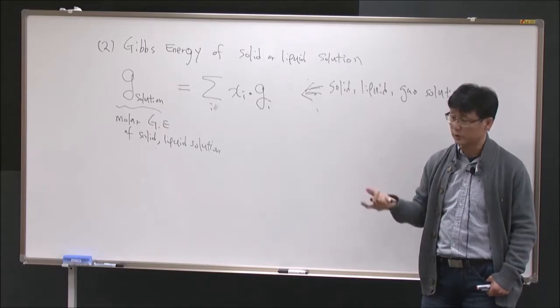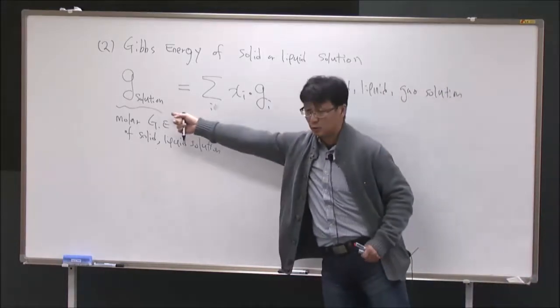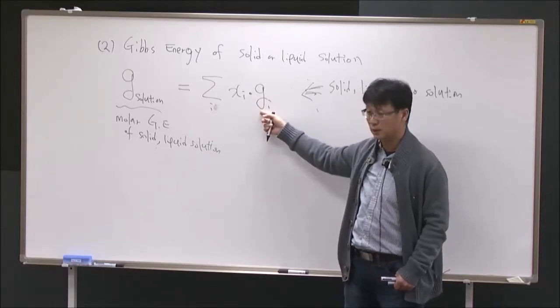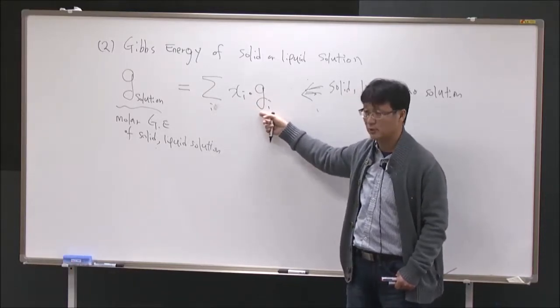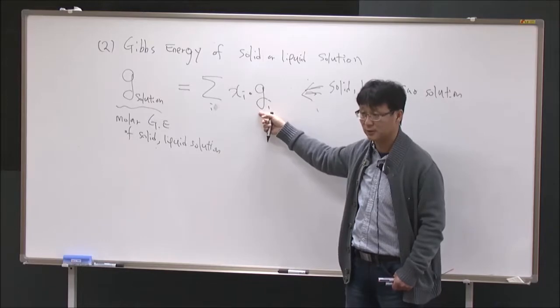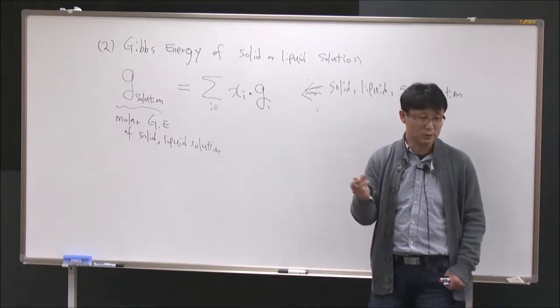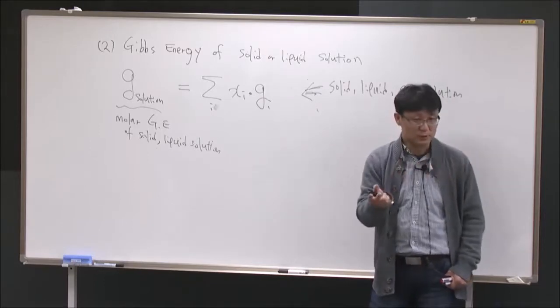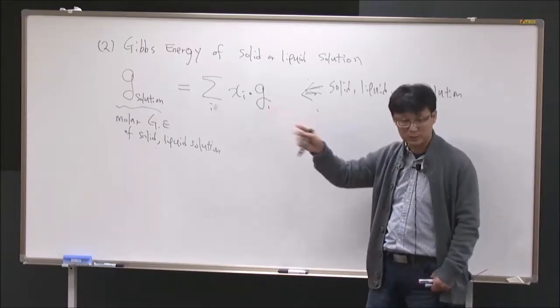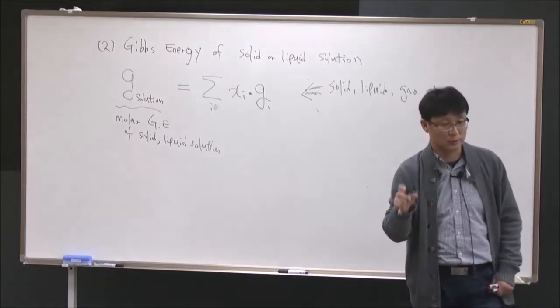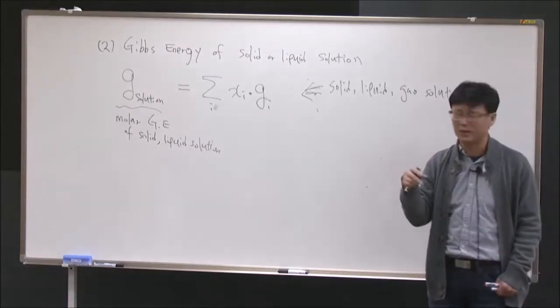Okay? So when it was gas phase, the gas solution was the mole fraction of I times the partial Gibbs energy of I in the gas phase, and the partial Gibbs energy contains the partial pressure term, which is just a function of the mole fraction times the total pressure.